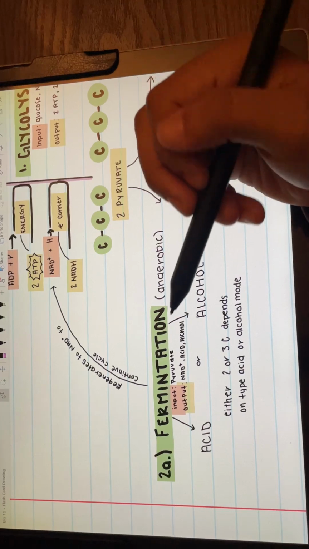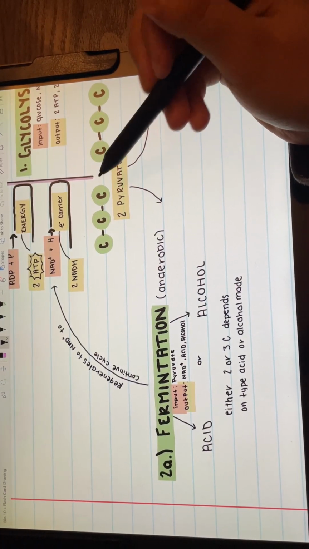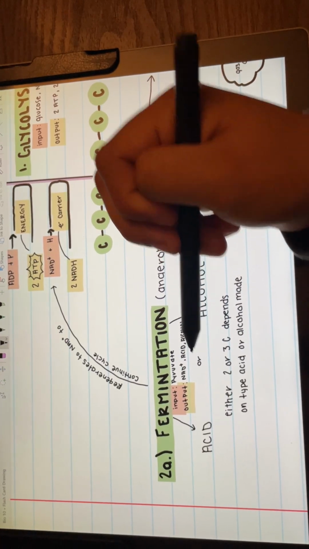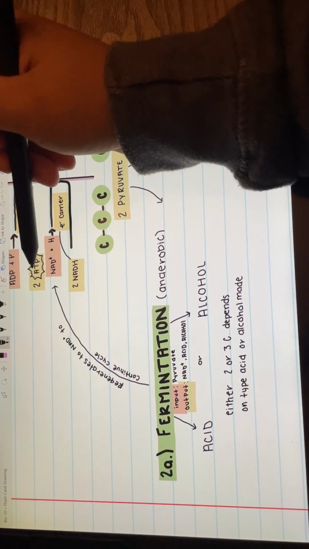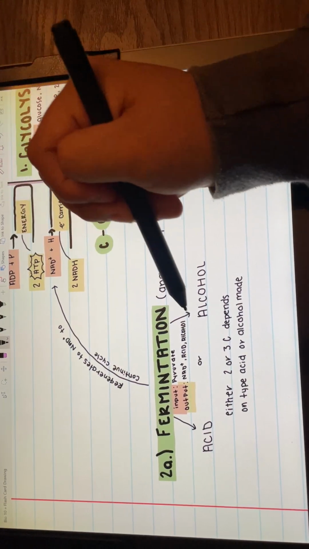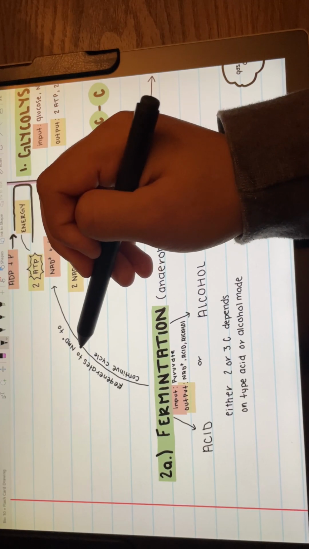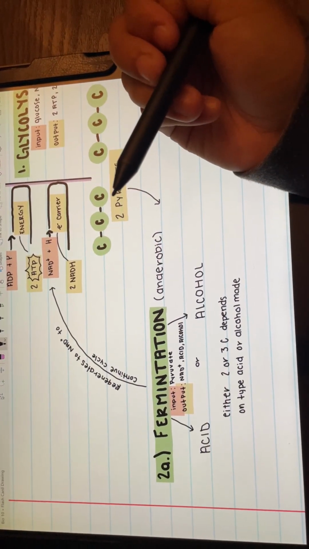We'll see here that we had the input of the 2 pyruvate molecules that were generated in glycolysis, and we have an output. We also have an input of NADH and we use that energy. NADH is then regenerated to NAD plus, and it will allow the cycle to continue.